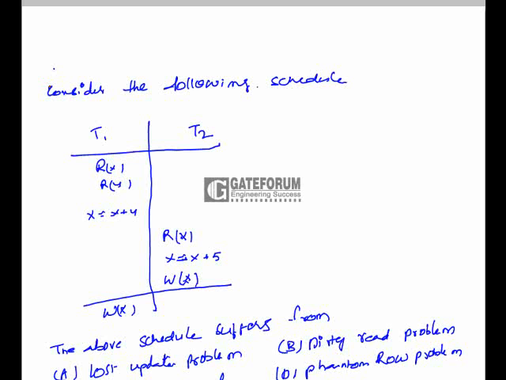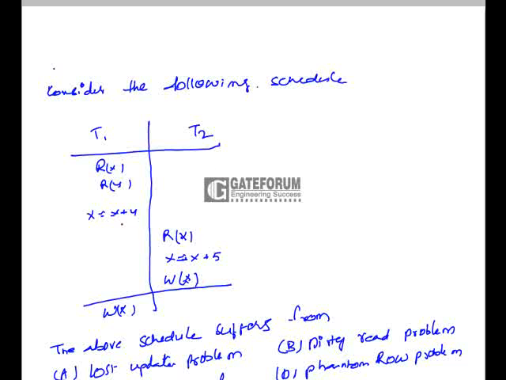In this question, a schedule which consists of two transactions T1 and T2 is given, and we have to identify the problem which is suffered by the given schedule. If we see the schedule, T2 performs a write operation on X and T1 also performs a write operation on X. Here the update on that item X made by T2 is lost.